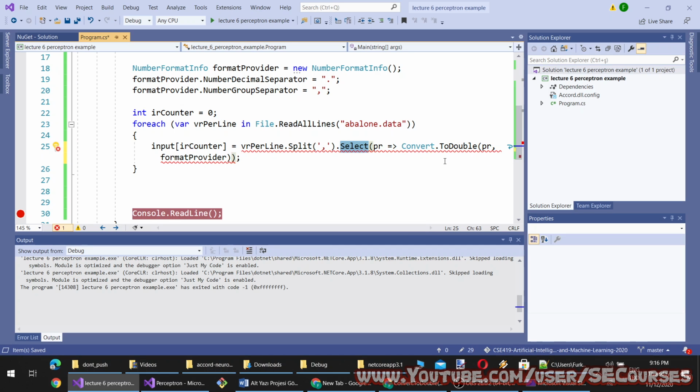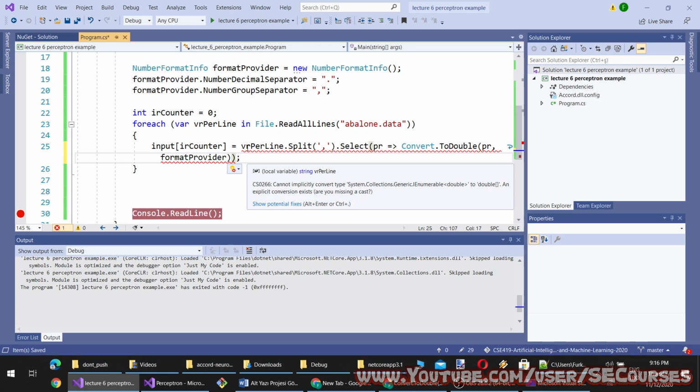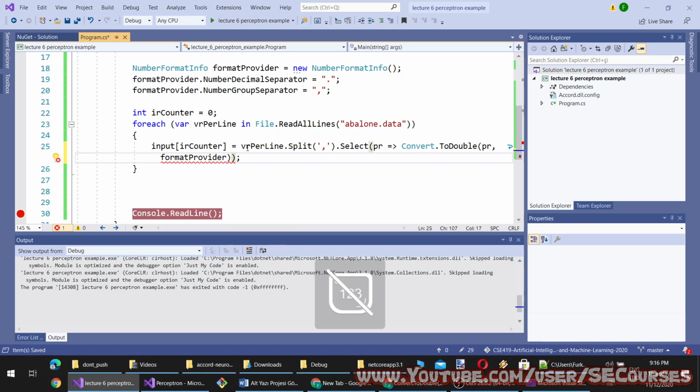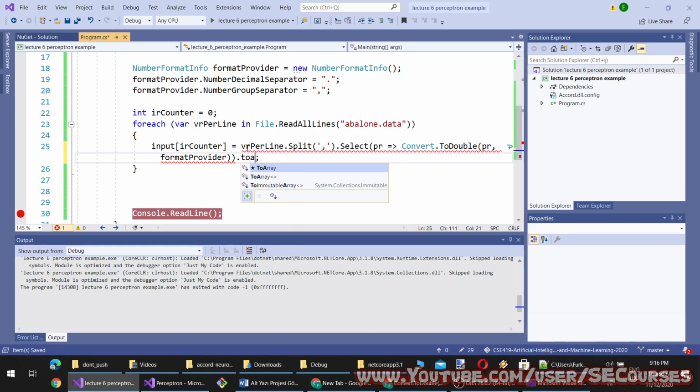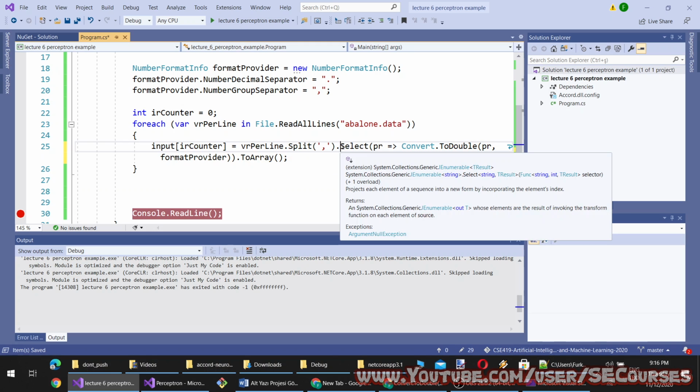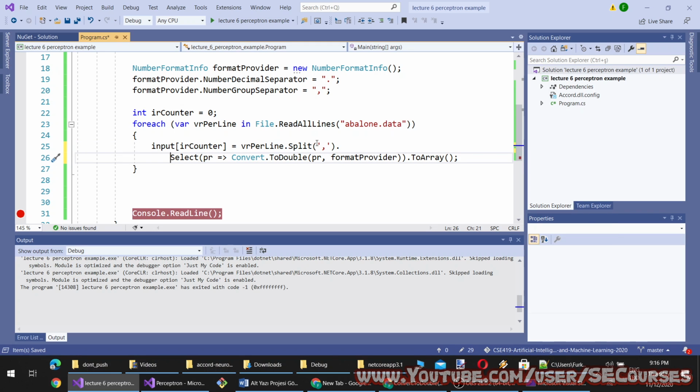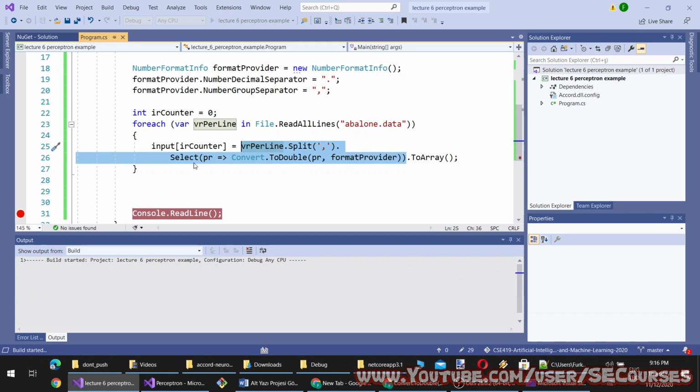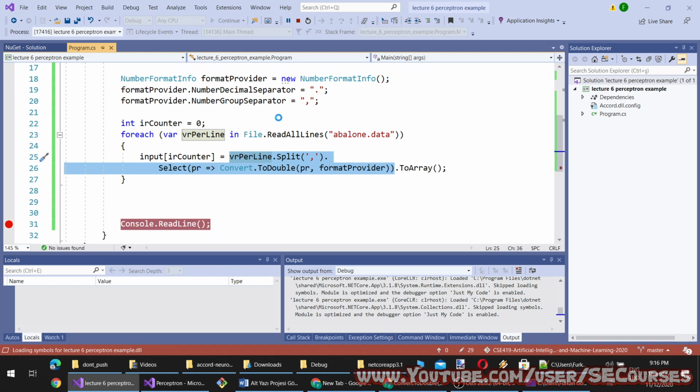How am I going to do that? Like this. Okay, so you see now it works. What I am doing is selecting each value of the split by comma, then converting that value to double with my format provider, then converting all the selected values to an array. Okay, so when I run the code, you will see how the input array is initialized.